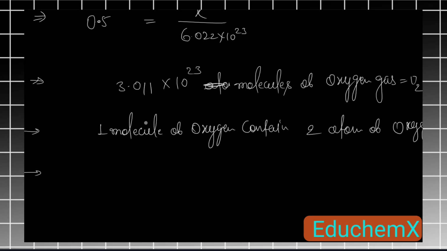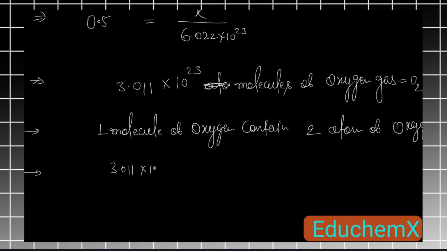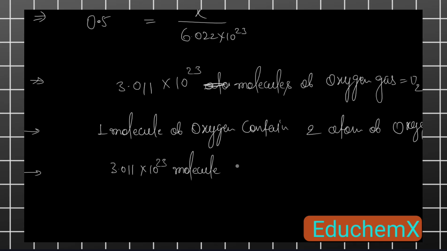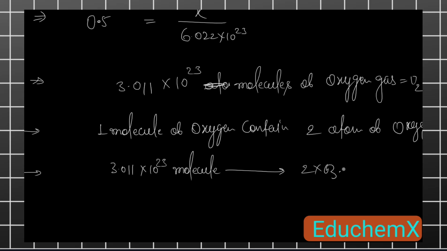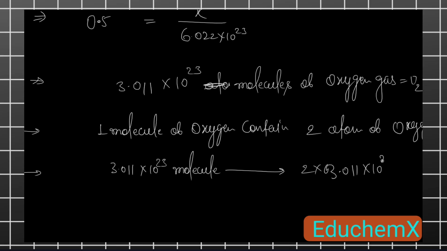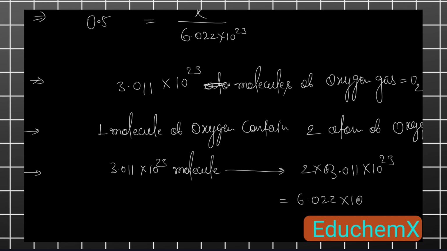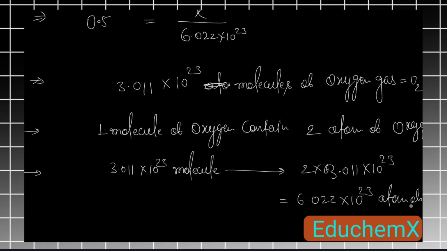One molecule contains two atoms, so 3.011 into 10 to the power 23 molecules, how much will they contain? This much contains 2 multiplied by 3.011 multiplied by 10 to the power 23, which comes to around 6.022 into 10 to the power 23 atoms of oxygen, right?